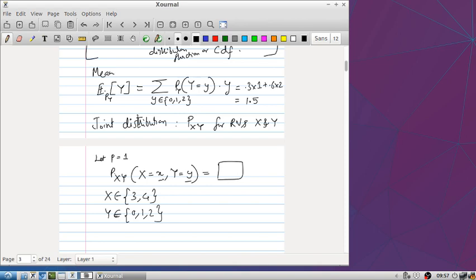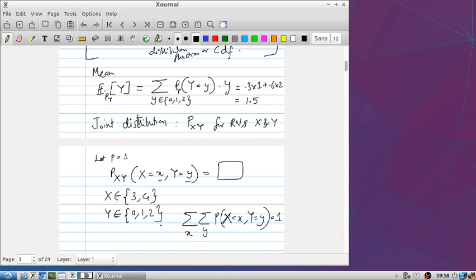So what I'm saying is the sum over x, sum over y of p of x takes a value little x, y takes a value little y, is equal to 1. Because it's a distribution, because it's a density function. In this case, I'm using a sum notation because these are discrete.